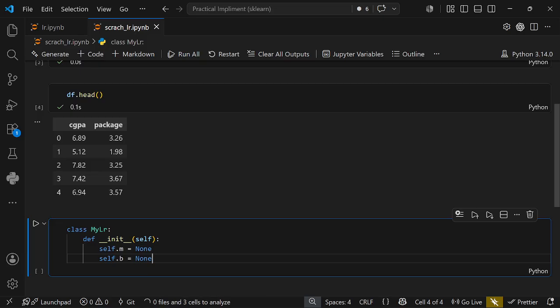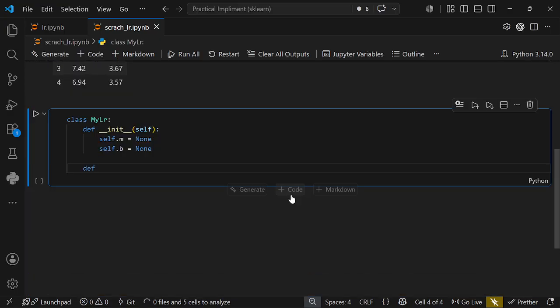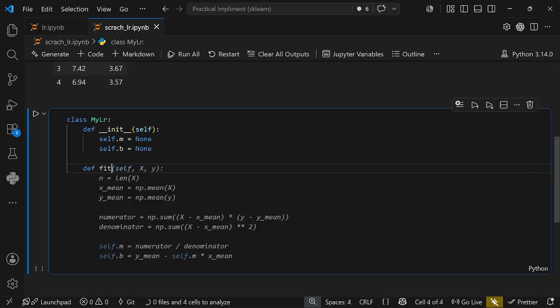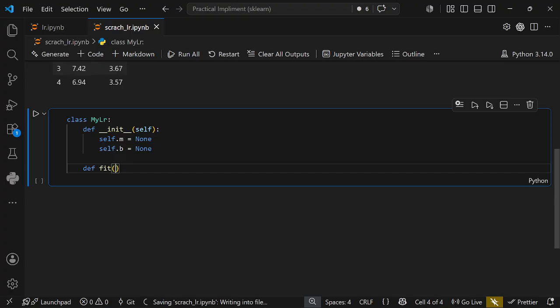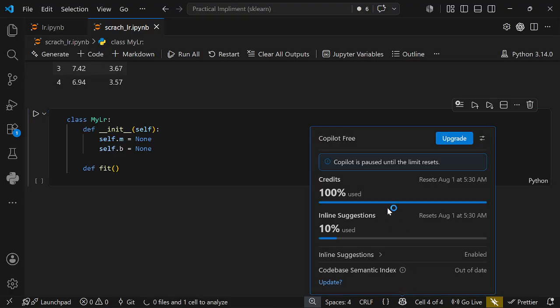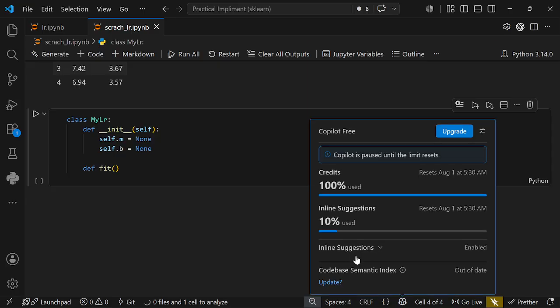Now we are going to define two functions over here. The first one is the fit function, which will help to fit our algorithm to the model. Let me turn off the agent inline suggestions.